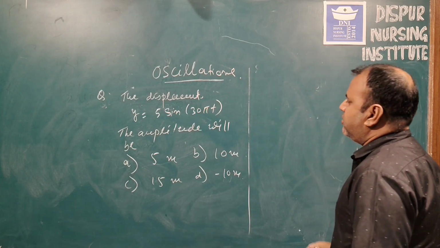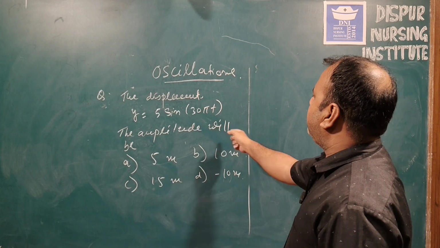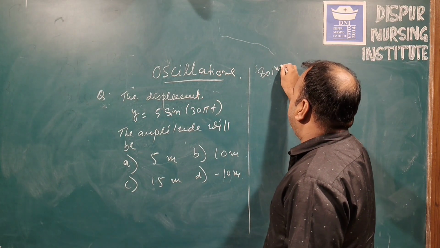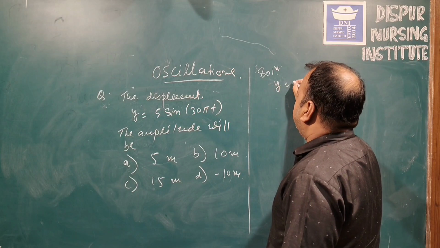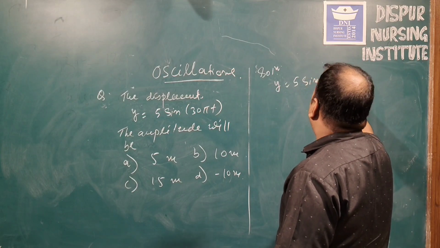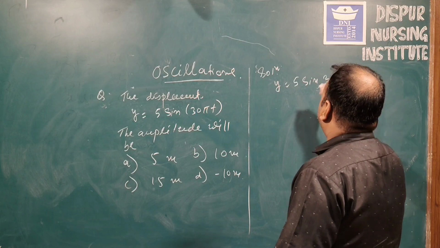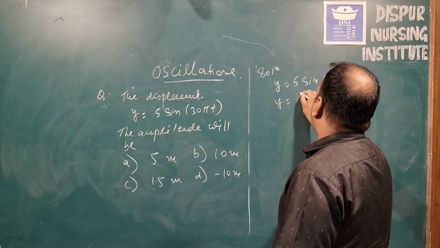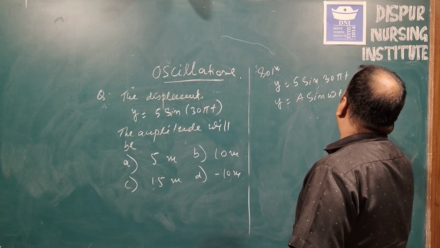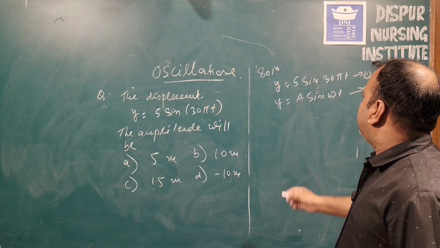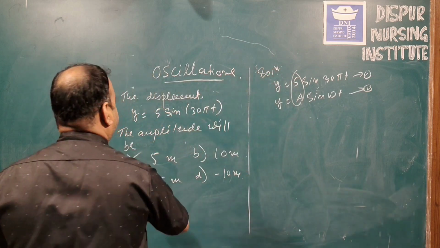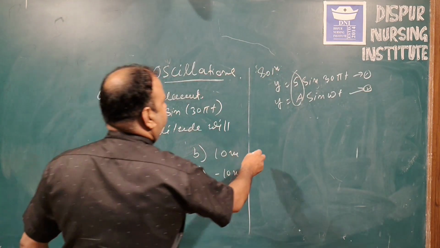In this case you remember, in short, the normal equation solution: y is equal to 5 sine 35t, it is given as equation number 1, and the normal equation you already know, y is equal to a sine omega t, equation number 2. So normally no need to do this, directly amplitude a is equal to 5, so 5 meter. So the amplitude will be 5 meter.